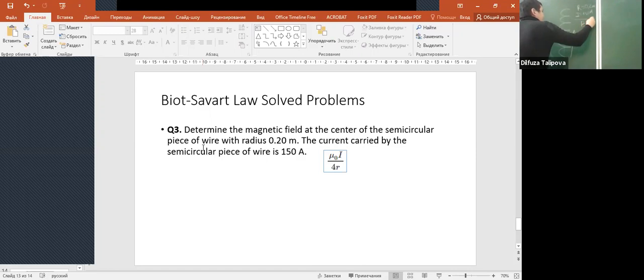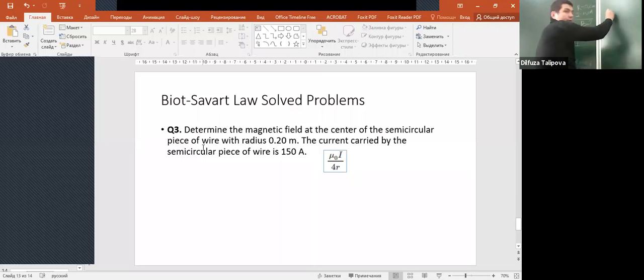B. So B is equal to mu 0 divided by 4 pi integral of I multiplied by dl sine of theta, again the r unit vector divided by r squared. Again, we have the current and radius as constant numbers, so we should use this one.